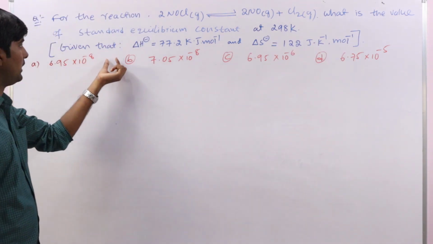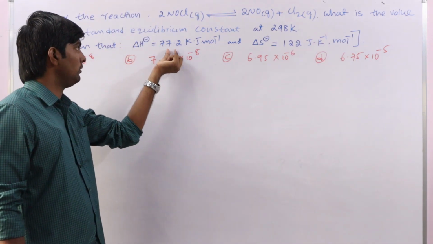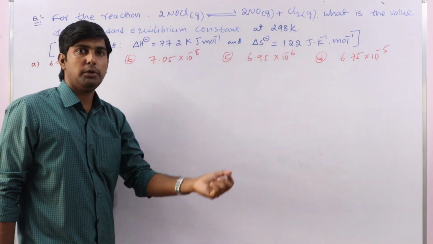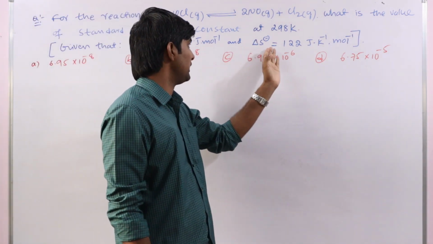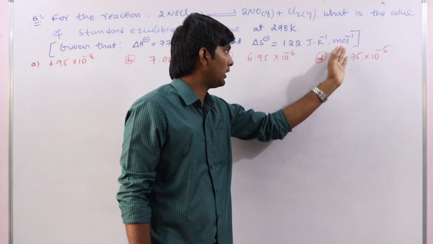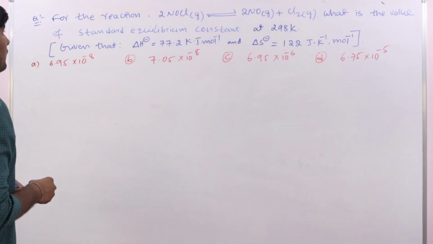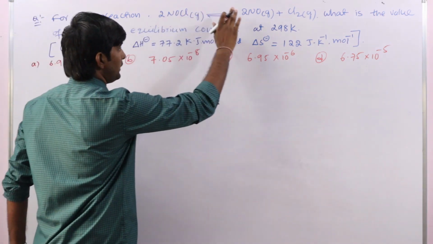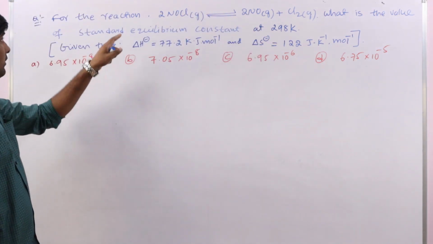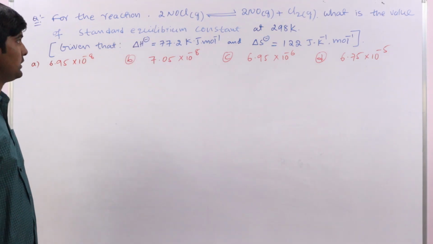Here it is given that delta H naught equal to 77.2 kilojoule per mole, delta S naught equal to 122 joule per Kelvin per mole. Look at this information. How can we calculate standard equilibrium constant?